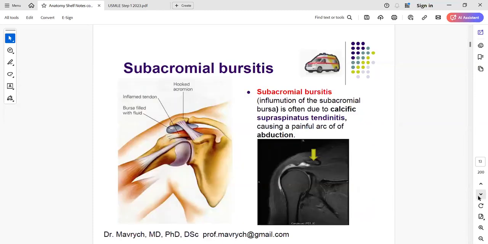Okay. So about this bursa, subacromial, the name suggests that it's beneath the acromion, the hooked acromion, and it's usually due to calcific supraspinatus tendinitis. And what happens is they give you a question and they just ask that, okay, this is what happened, and now the patient is having a painful abduction.